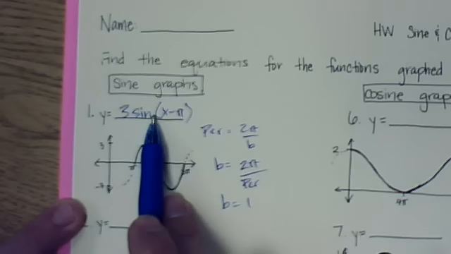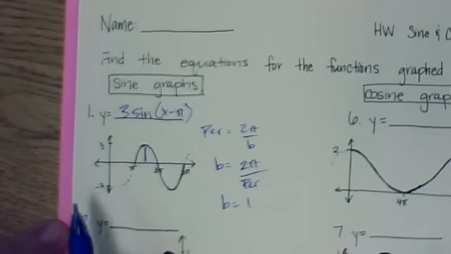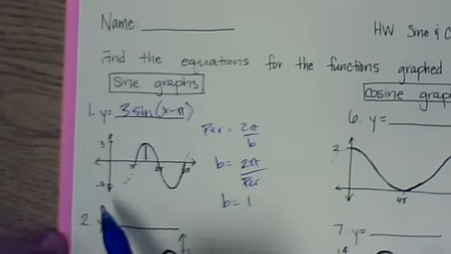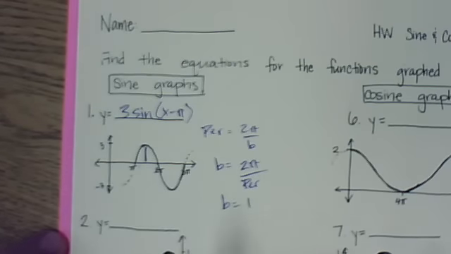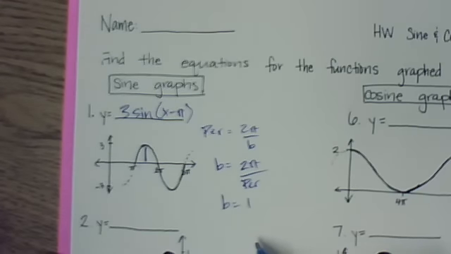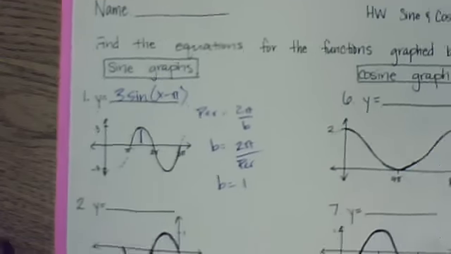Notice I didn't put a b there because my b is 1. Now, there's always going to be different answers that you can get. There's a lot of different answers, but I tried to darken the graph I wanted you to figure out the translations that way. Okay, let's look at another sine one here.